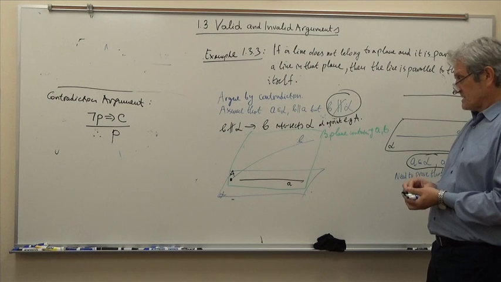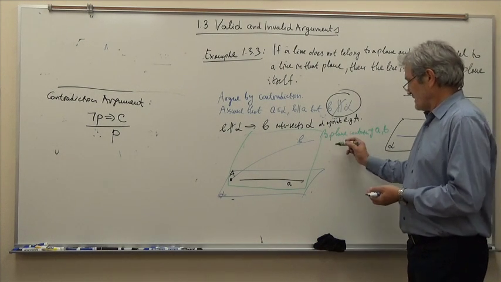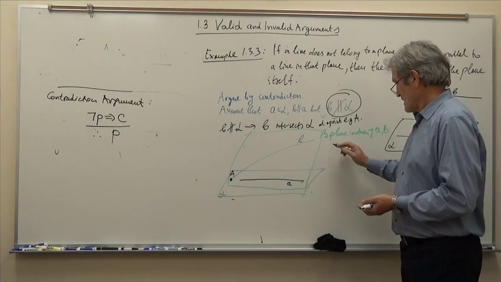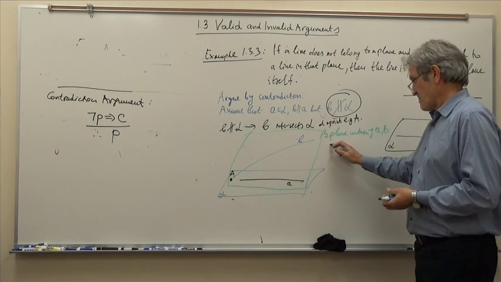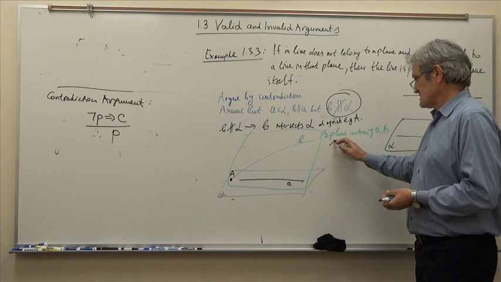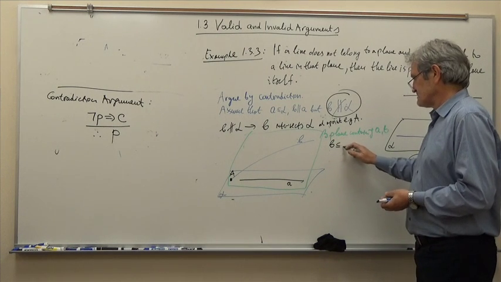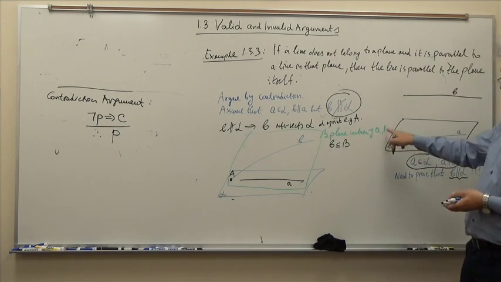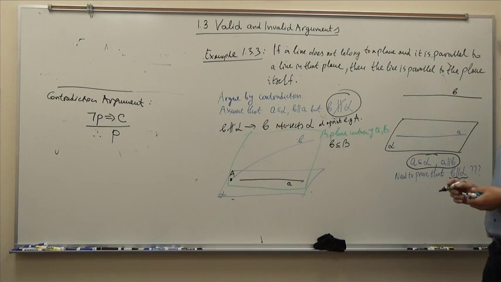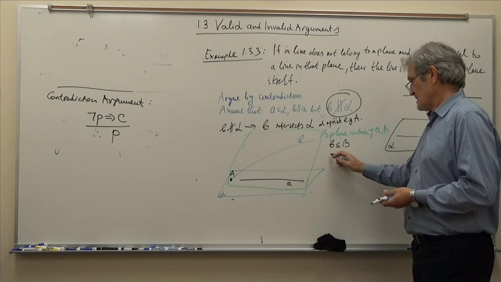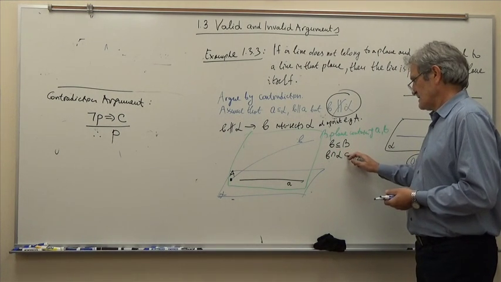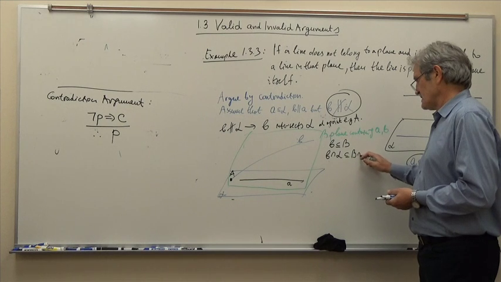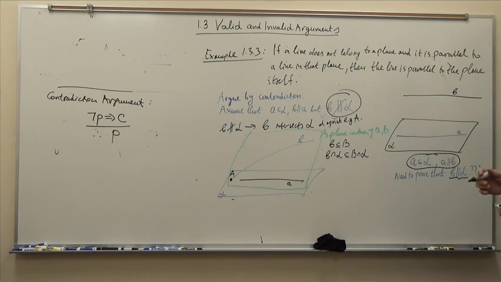And then what happens? Beta and alpha. So what? Since B is a subset of beta, because beta contains B, then B intersection alpha is a subset of beta intersection alpha.